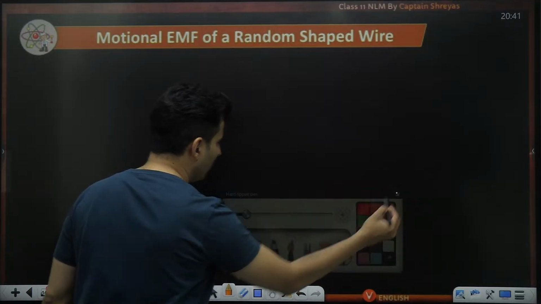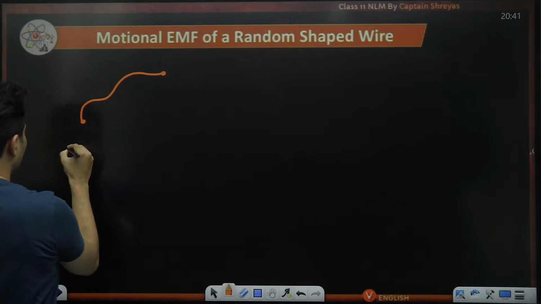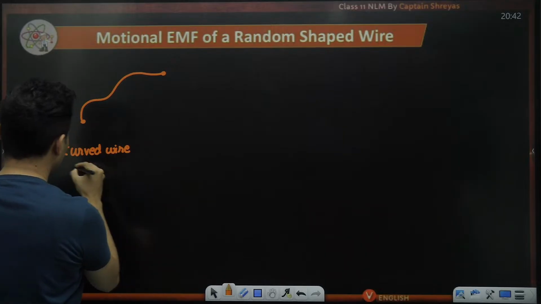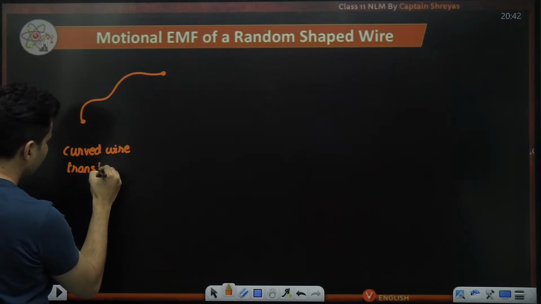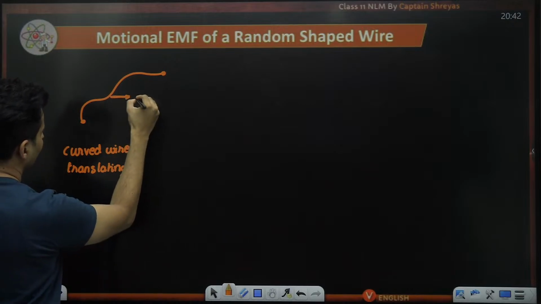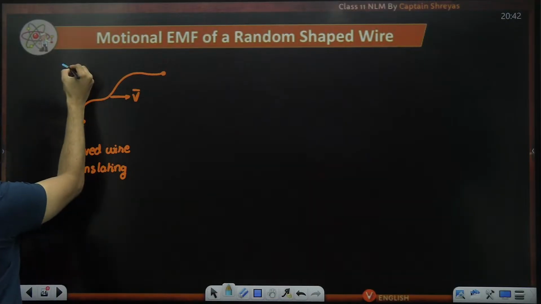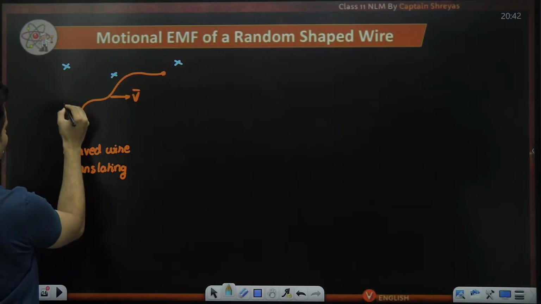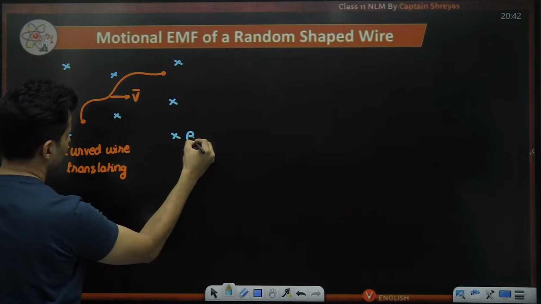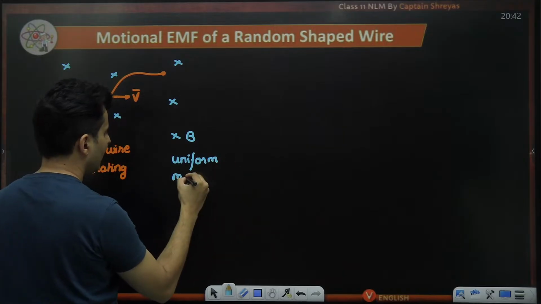So in that scenario, what do we do? Imagine you have some kind of a curved wire which is translating with some velocity v in some uniform magnetic field, like this.